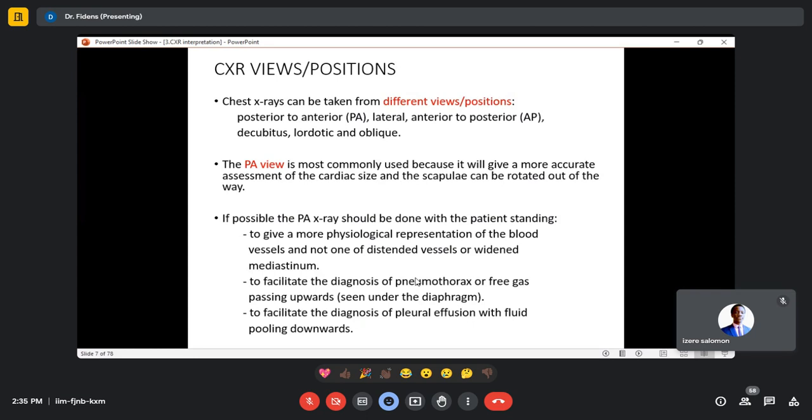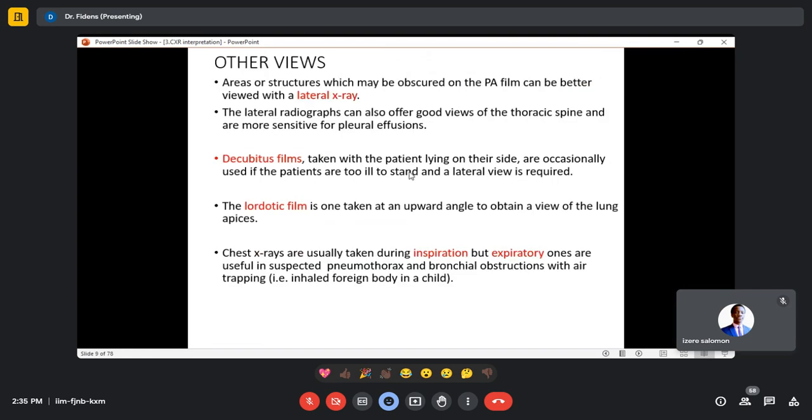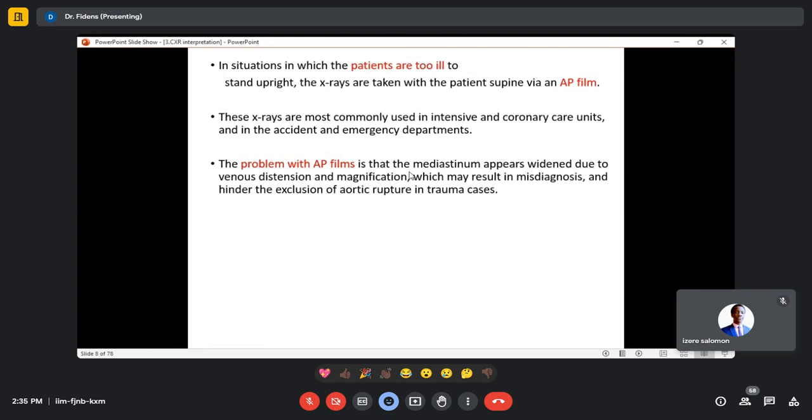If you have, you know them very well. That's one. They're trying to explain why we use an AP for ill patients. Okay, that one you know very well. You know the consequences of an AP film. You remember that the mediastinum.